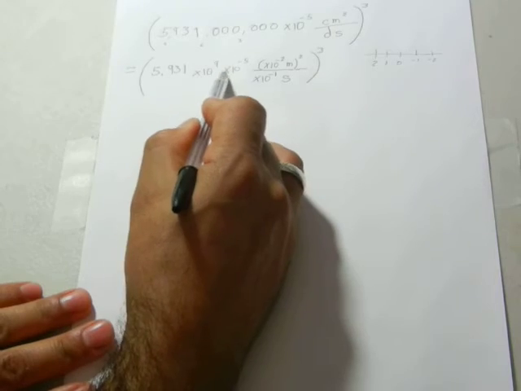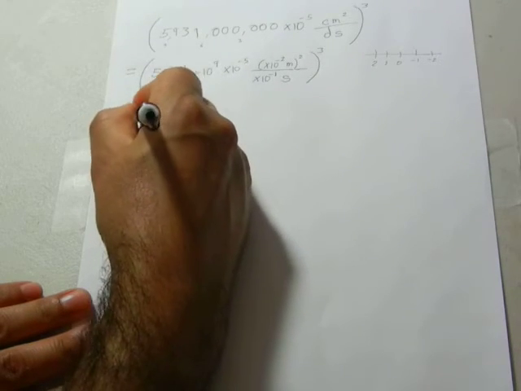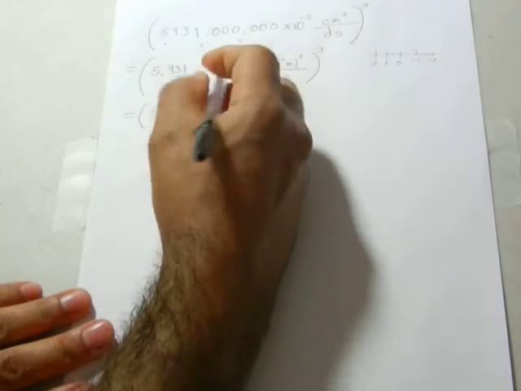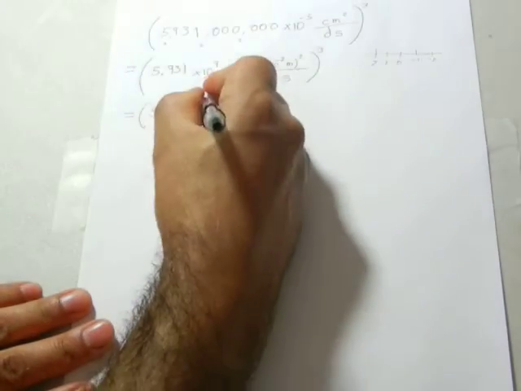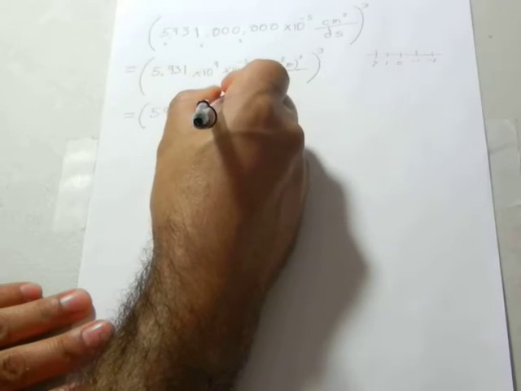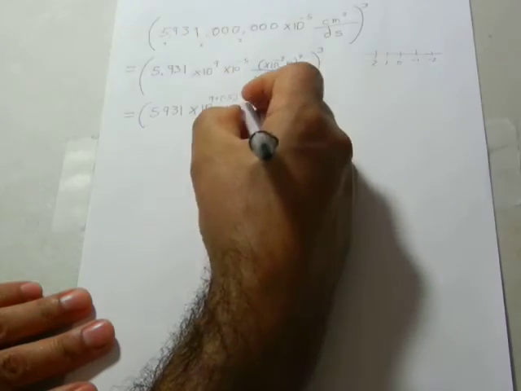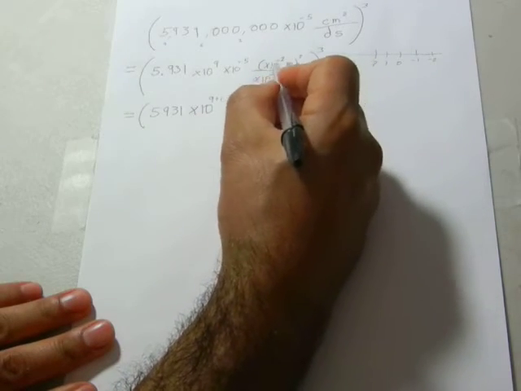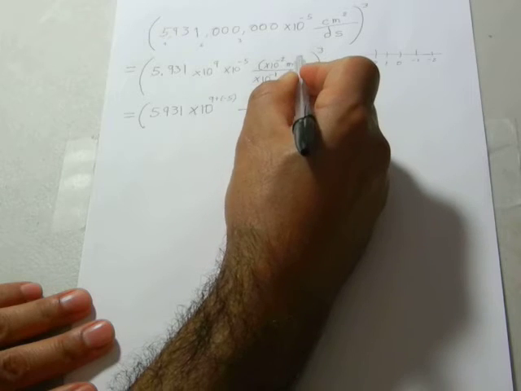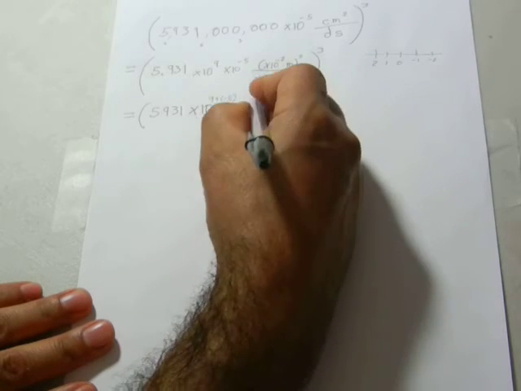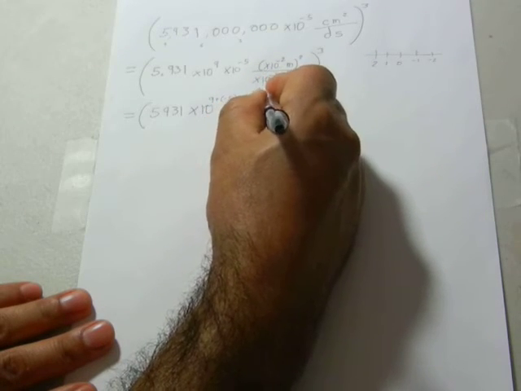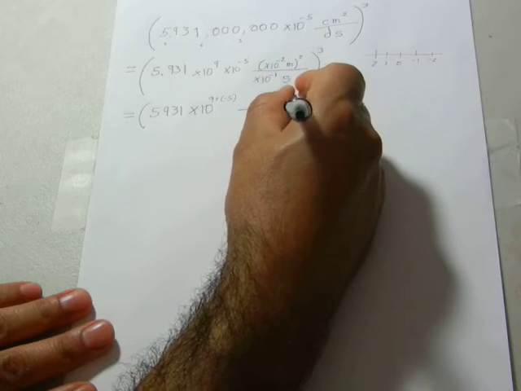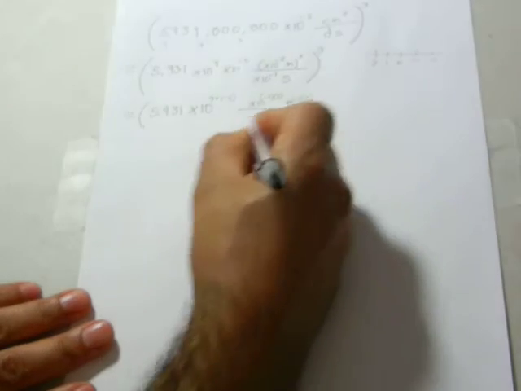We have multiplication with the same base. We can write like this. For multiplication with the same base, we add 9 plus minus 5. For the units, remember, this is going to affect every single term that we have inside. So it's going to be times 10 to the minus 2, and powers with powers, we multiply. Meters, 1 times 2.